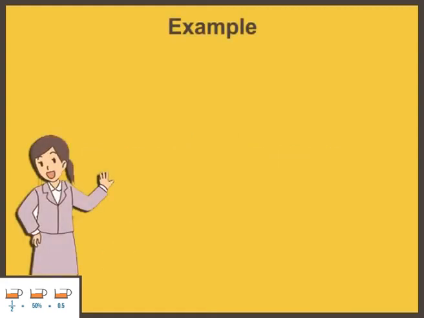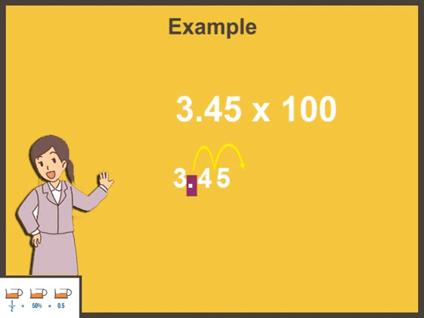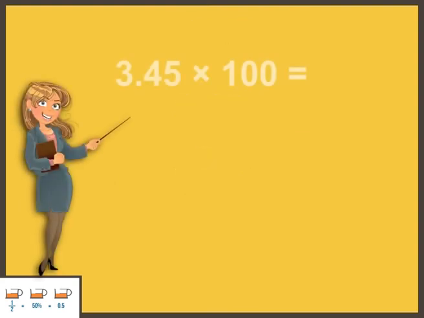For example, if we need to multiply 3.45 with 100, we will shift the decimal point 2 places towards the right as 100 has 2 zeros. Therefore, 3.45 multiplied by 100 becomes 345.0.